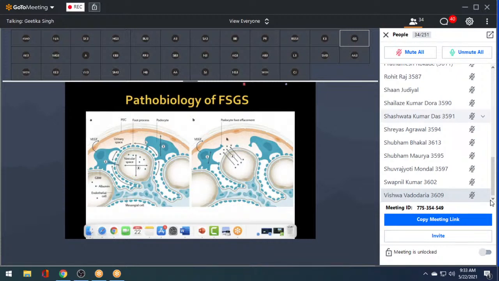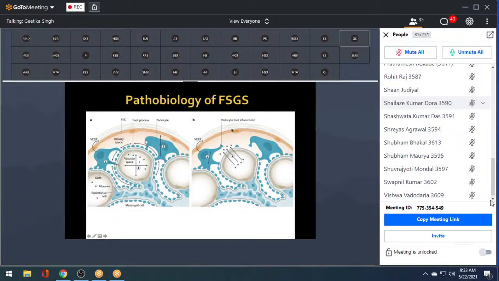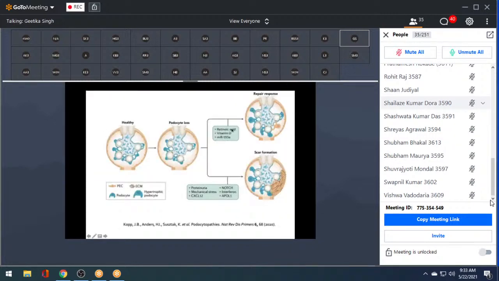Now, this bare GBM, which no longer has the podocytic protection or cover, is now going to adhere to the parietal epithelial cells or the Bowman's capsule towards the periphery. Okay. So again, to the left, you've got a healthy situation, and then you've got podocyte loss. Here, they've just fallen off.